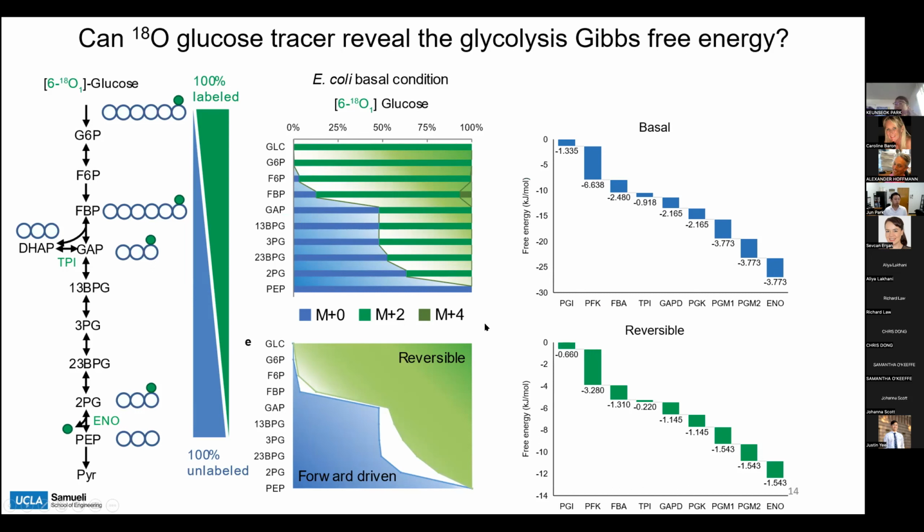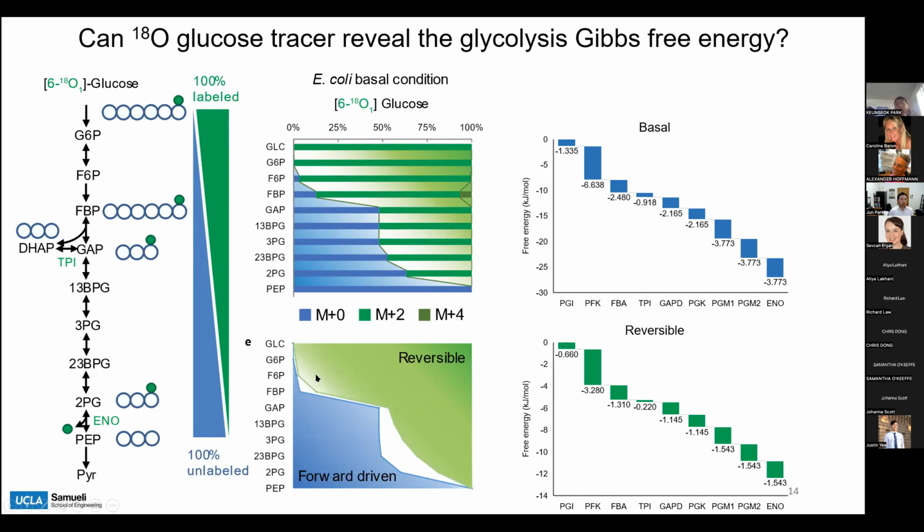Another thing that we also have to consider is that not only just simulating the labeling pattern in a basal E. coli condition, but we wanted to test whether the labeling pattern of reversible glycolysis and forward-driven glycolysis differs from each other a lot. So we can see that in the reversible glycolysis, the labeling pattern decreases in this behavior.